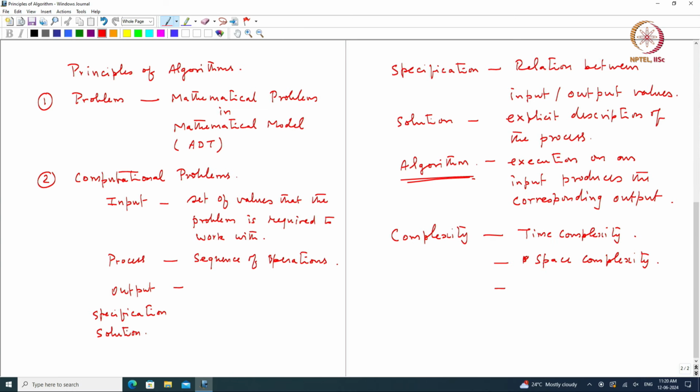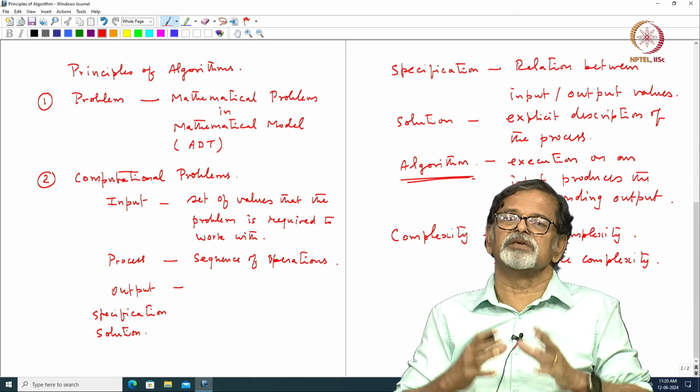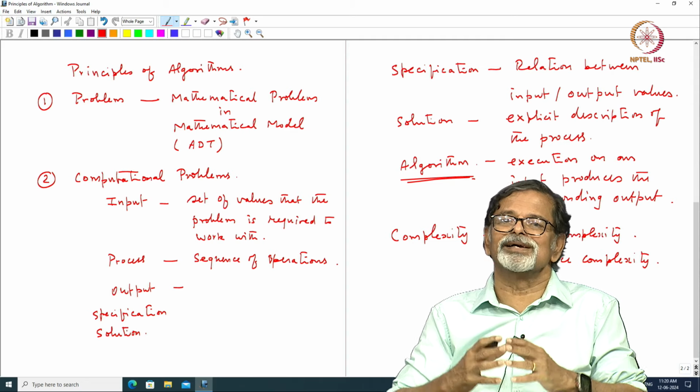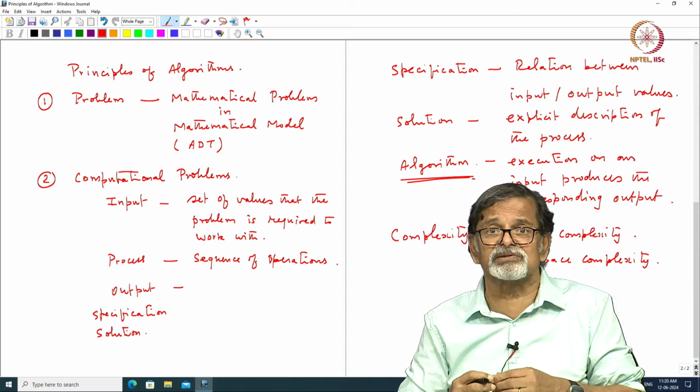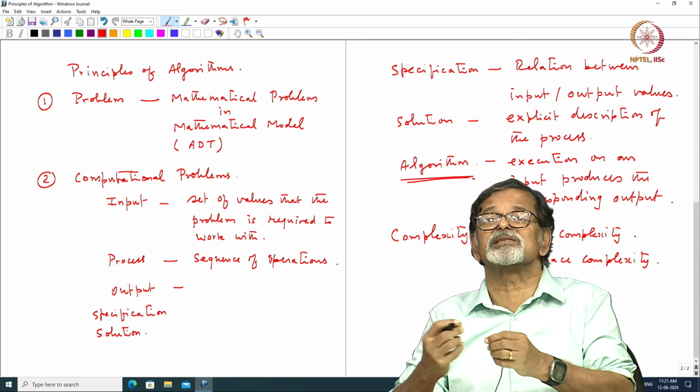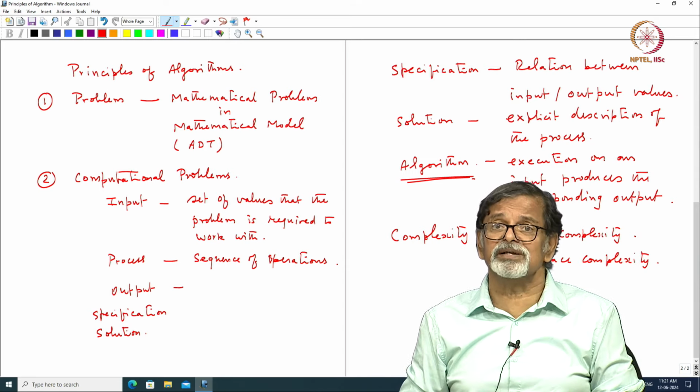So, the next question is, how do we measure the complexity? If you want to compare two algorithms for their efficiency, and if you have two or three options available, and you would like to choose the method which is using the least amount of resource, here the least amount of time, how do we determine that?